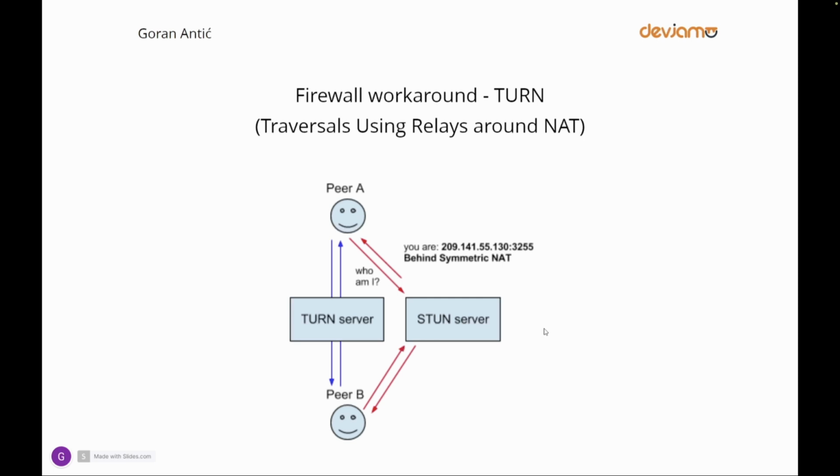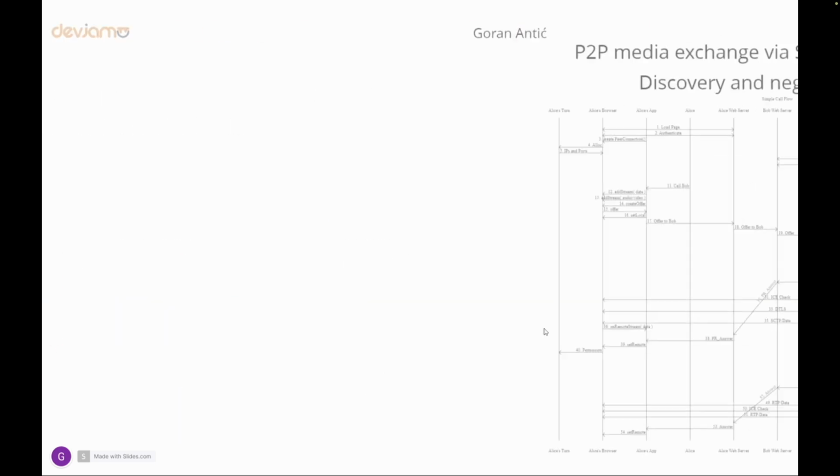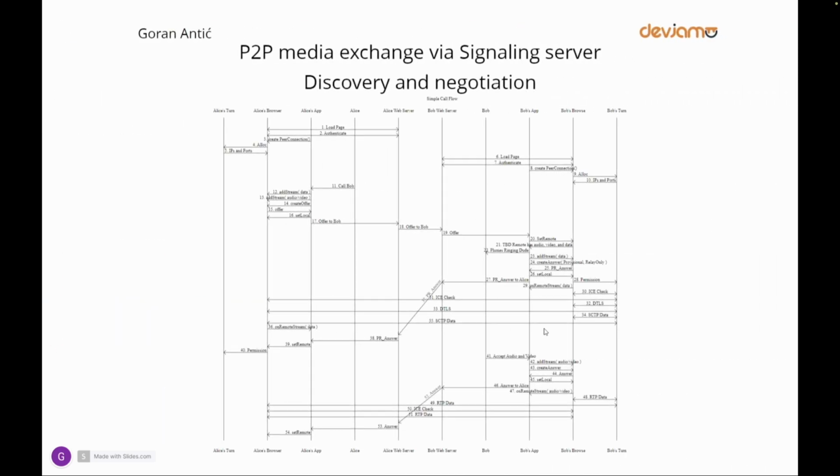In that scenario, you can use the TURN server, a relay for your data, and then your connection is not peer-to-peer anymore. It relays through another server, and it can cost a bit because it needs to transfer both sides' bandwidths. And this is called a simple call, the way you establish a call and start working on it.